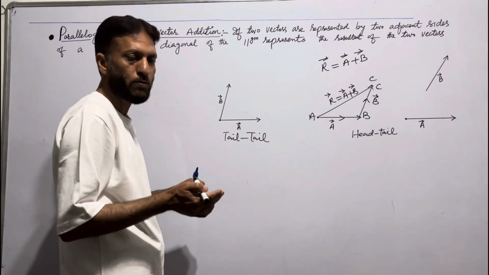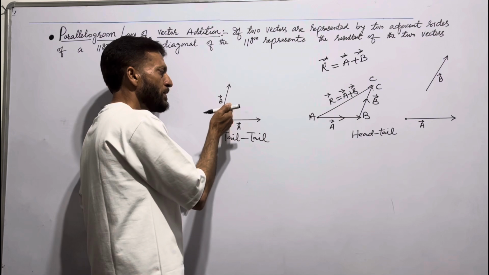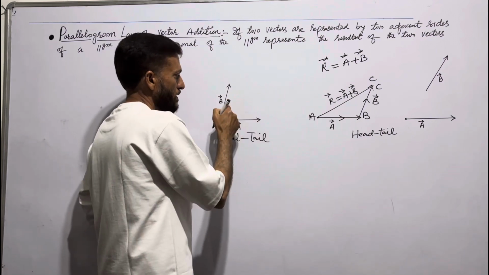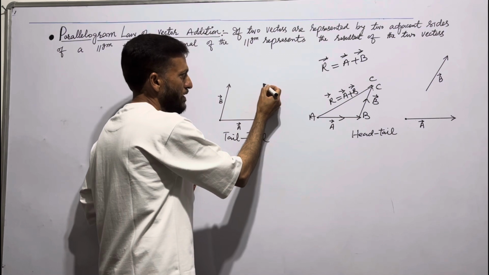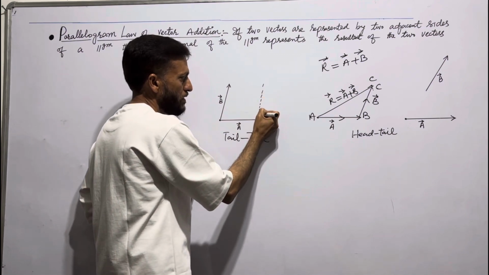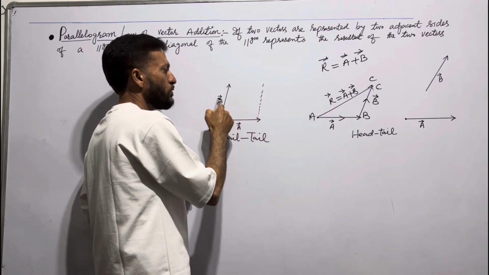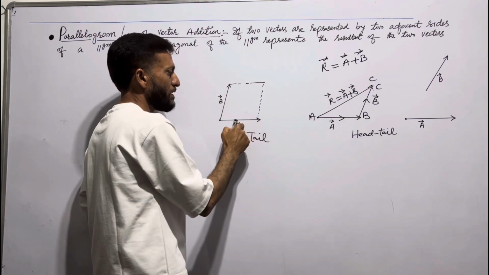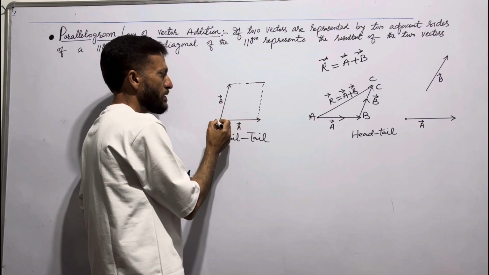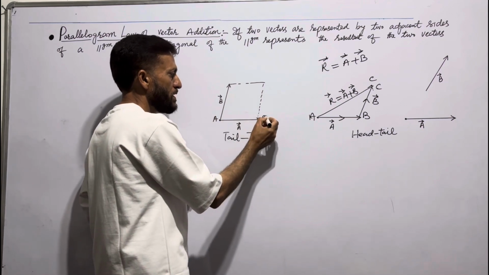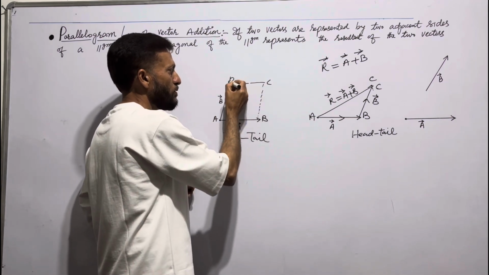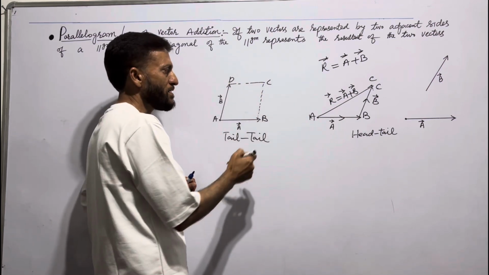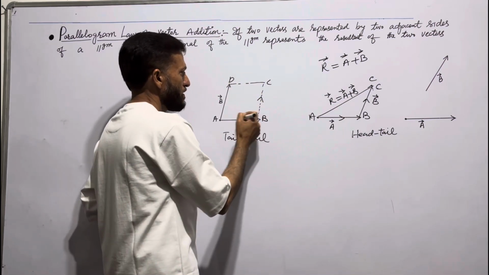Now what I have to do? I have to complete the parallelogram. This is vector B, I will draw a line parallel to vector B and another line which is parallel to vector A. Now ABCD is a parallelogram in which AD and BC are opposite sides, they are equal.